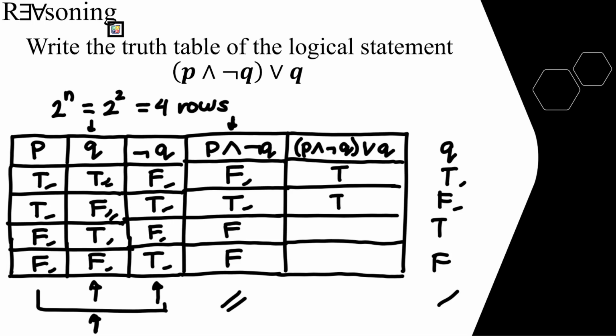This is true. Next, false and true given with this second column. So this is also true, having one of the two being true. And finally, false and false. This time, this is false. This is now the truth table for the logical statement I read as either P and not Q, or Q.